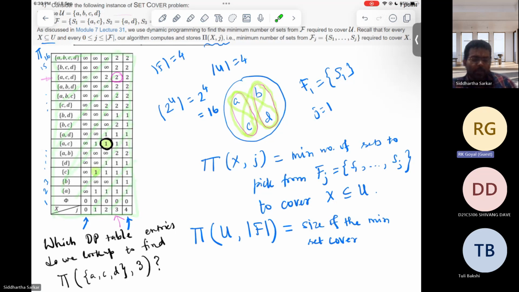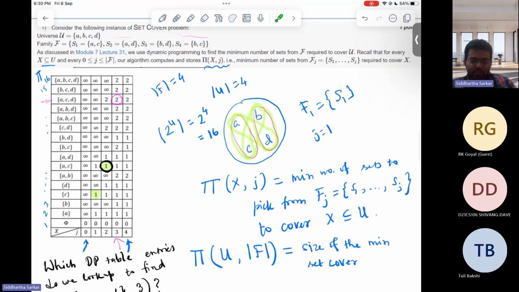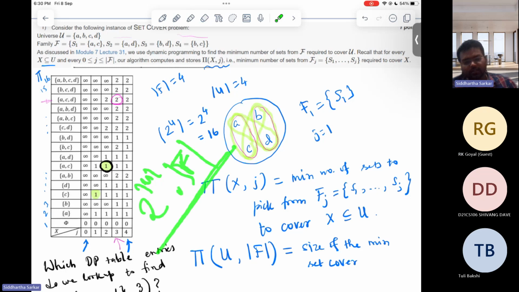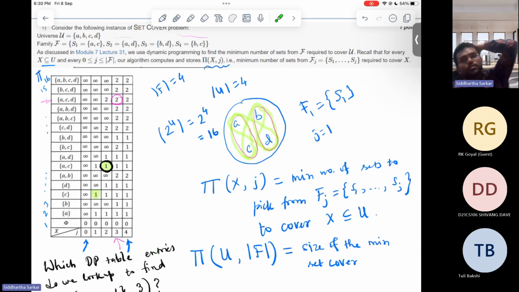But as we increase the number of elements of the set, the table size will grow quickly. In fact, the table size will grow exponentially in terms of the number of elements in the set. Whatever the universe size is, 2 to the u times the number of sets in the family is the table size you have to construct.